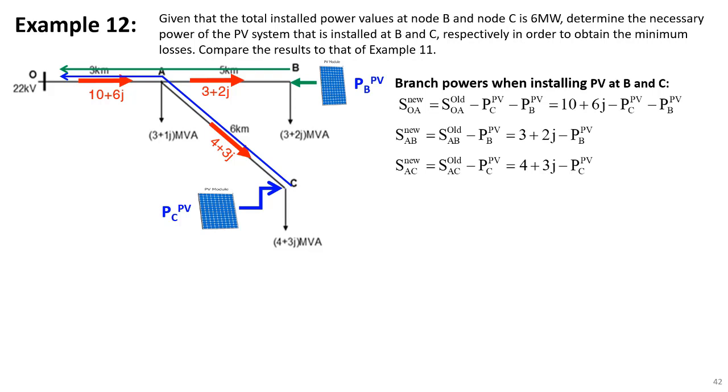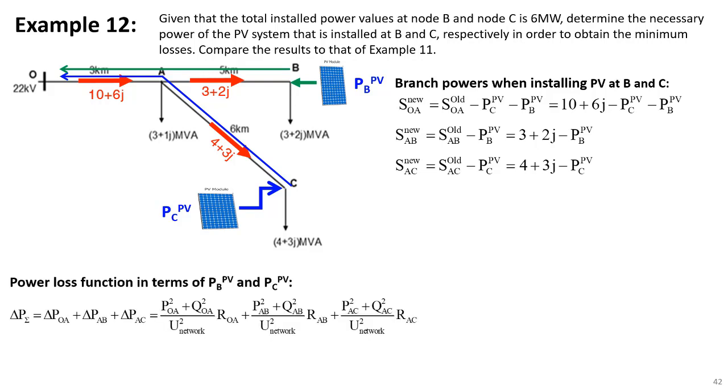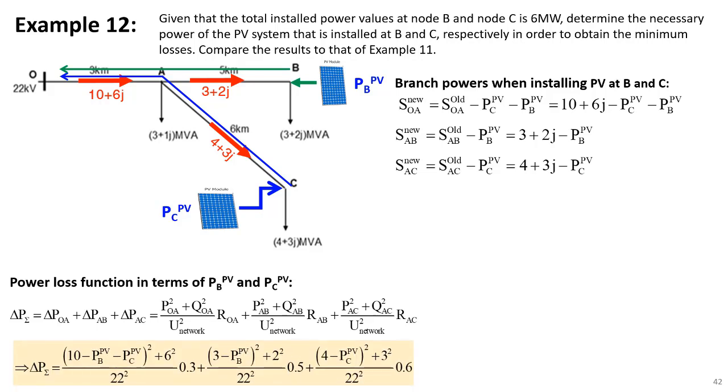We apply again the superposition principle to solve the parameters caused by the source at node O, node B, and node C respectively. Then we can infer the equation of the total power loss in terms of power values at B and C. Note that the total PV power at B and C is 6 MW.